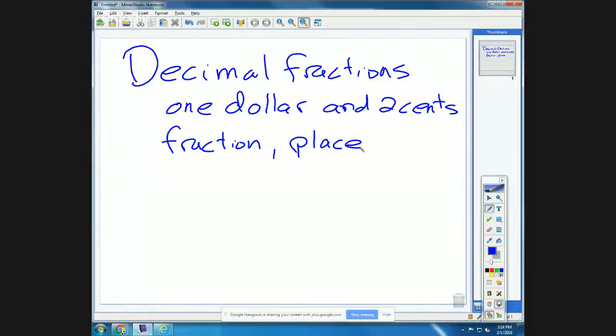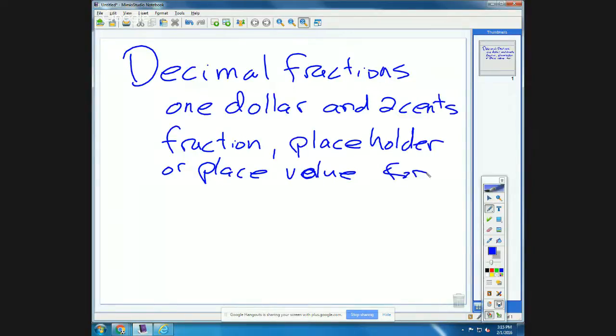Placeholder or place value? Well, I said placeholder. Place value for small numbers, is that what you said? Smaller. Okay, anybody else?